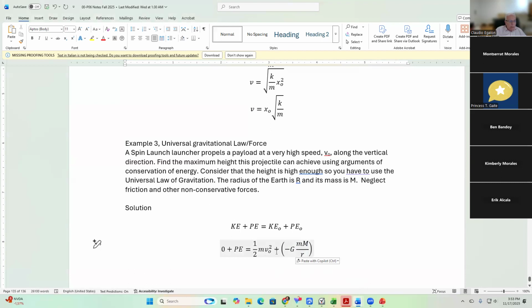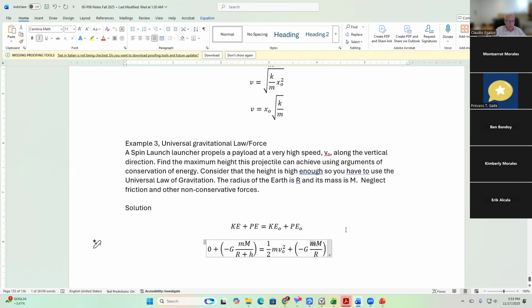Wait a minute. We are talking about initial, right? Initial potential energy. So the radius is equal to the radius of the Earth. We have the same factor here, but don't forget it's the final potential energy, so that's going to be the radius of the Earth plus the height h. Can you see that the mass cancels out here?